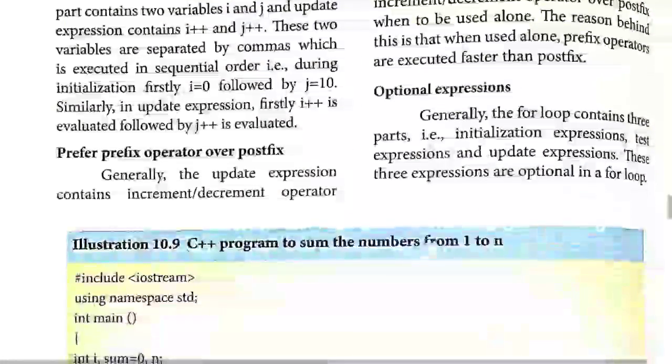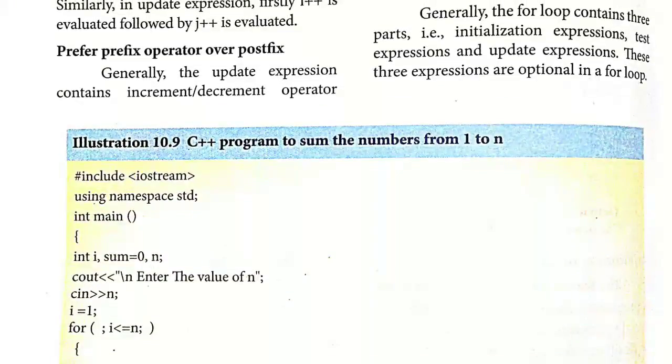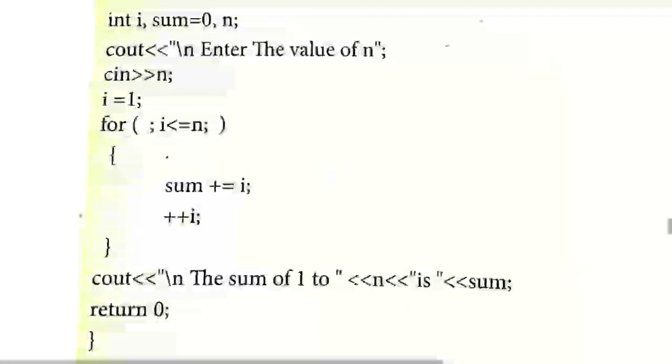The next is that there is no initialization statement and no update statement. Here you can see there is no initialization statement and no update statement, so they are given outside the loop.